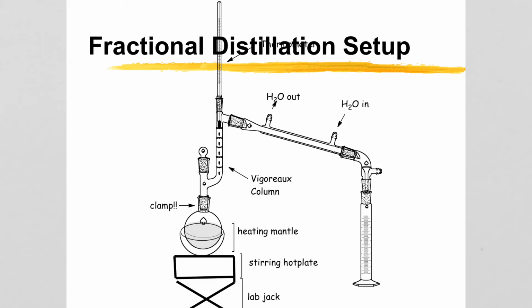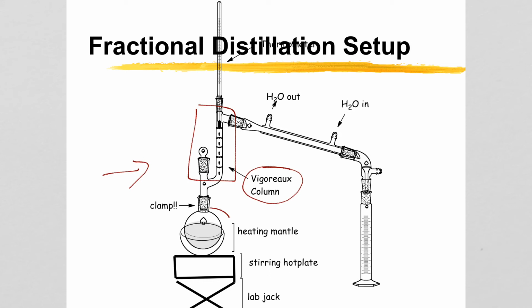What we are going to use is something called a Vigreux column. Yours is not going to look exactly like this. This was the piece of equipment I had in the drawing program, but it is close enough. And in the MIT video, they used a Vigreux column in their setup.